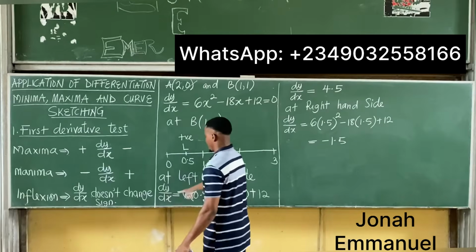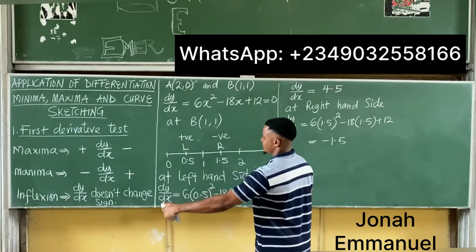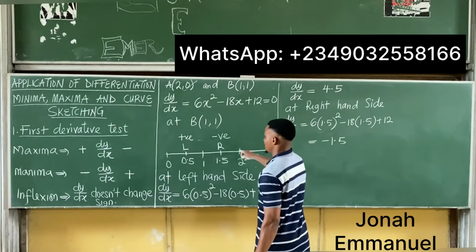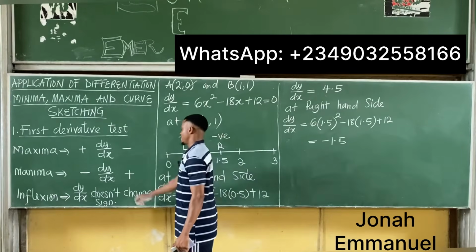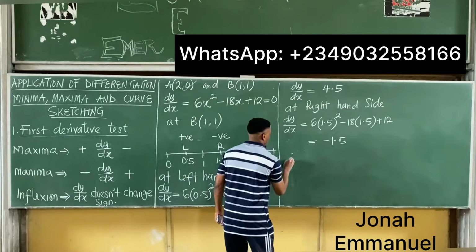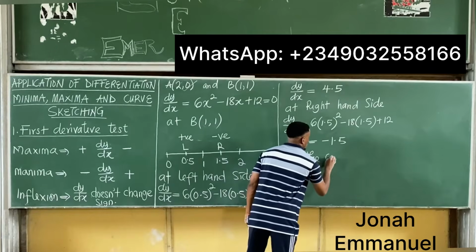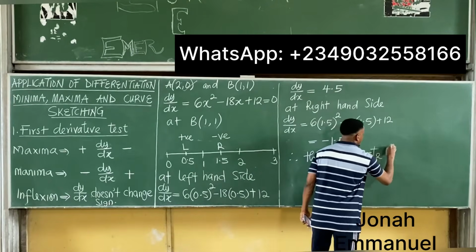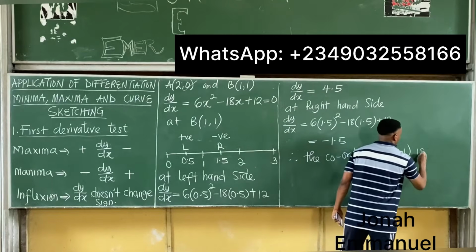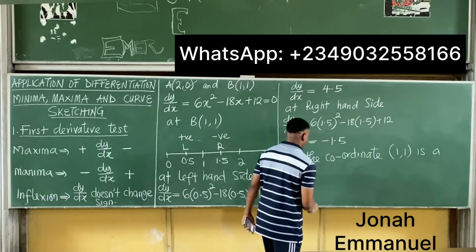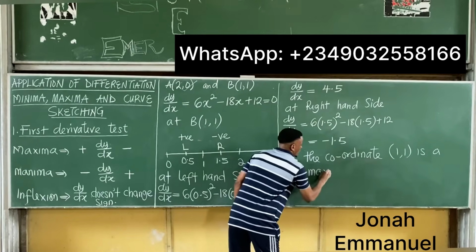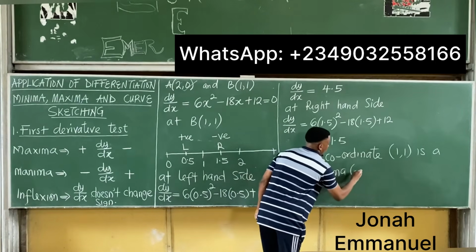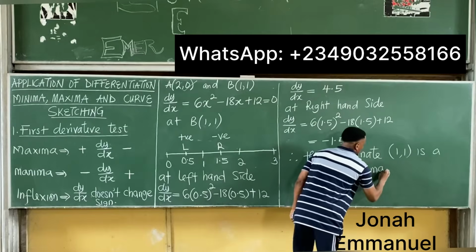So when dy over dx is positive at the left and negative at the right, that gives you what there? A maxima. Therefore the coordinate 1, 1 is a maxima, or maximum point.